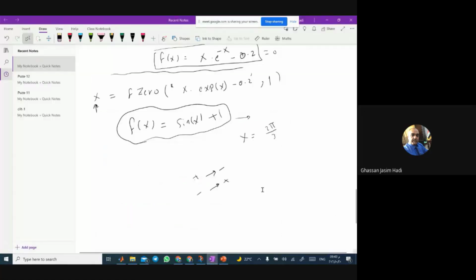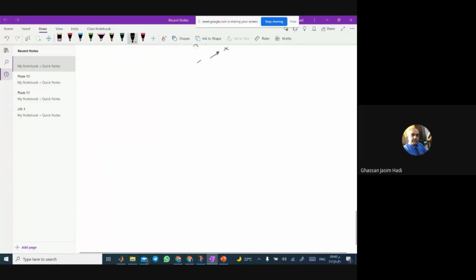If we solve it, sine x plus 1 equals 0. It will be sine x equal minus 1. Where is sine x equal minus 1?